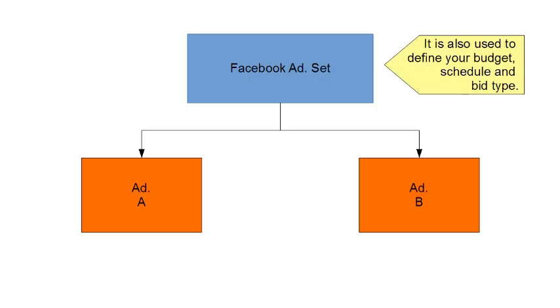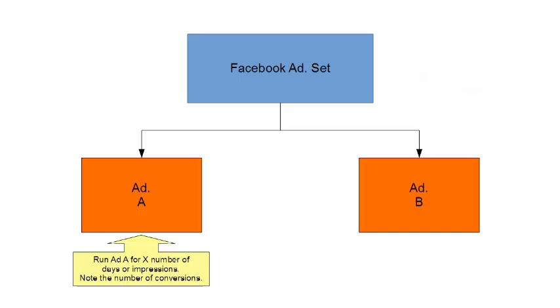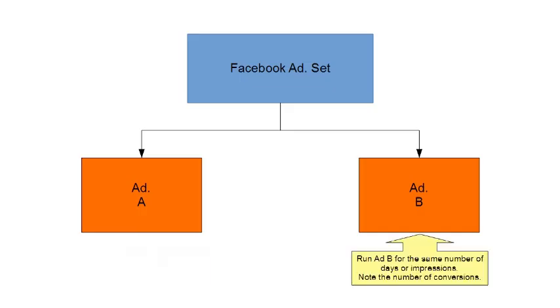And it's also used to define your budget, your schedule, and the bid type. So let's say you're going to have the two ads and you run Ad A for X number of days or impressions. You then note the number of conversions. You then run Ad B for the same number of days or impressions, and again, you note the number of conversions.